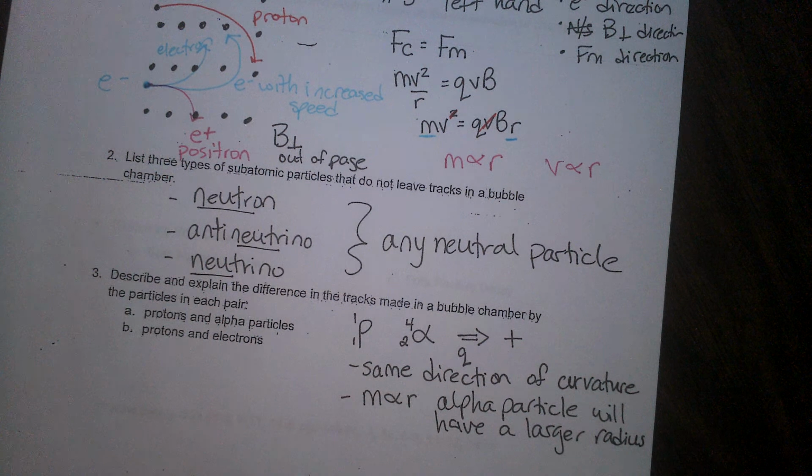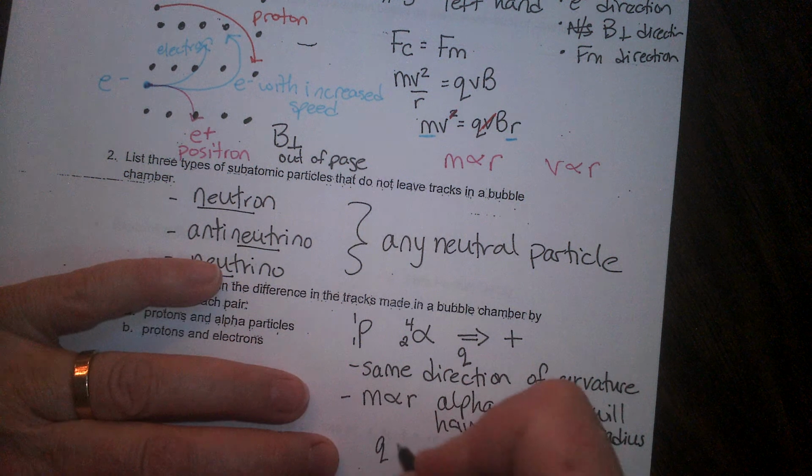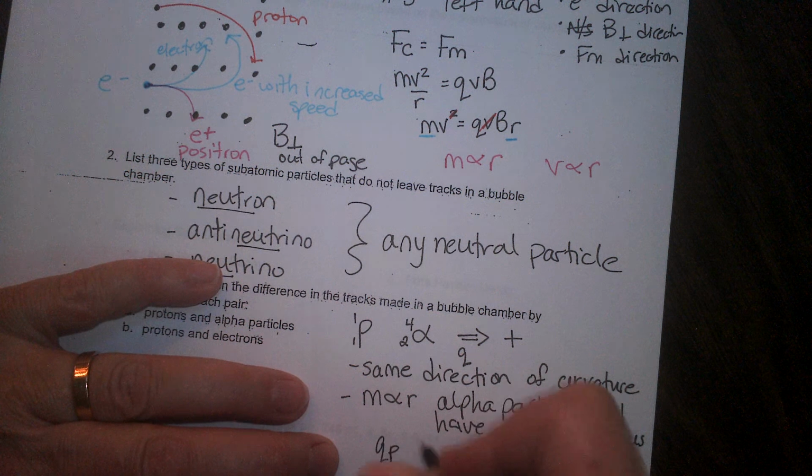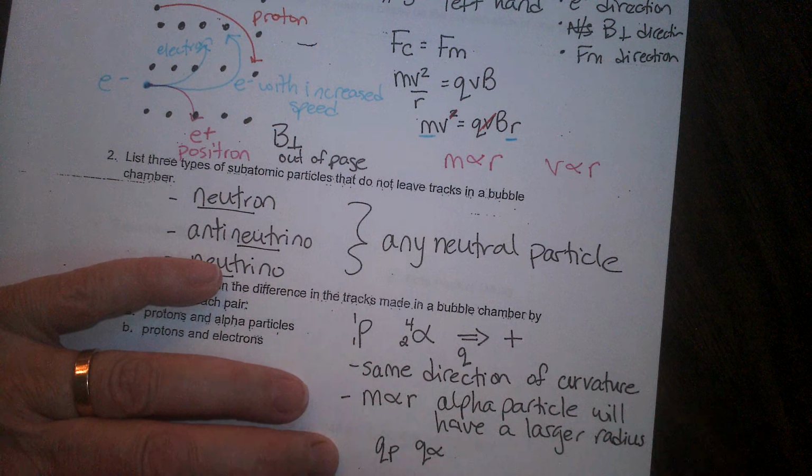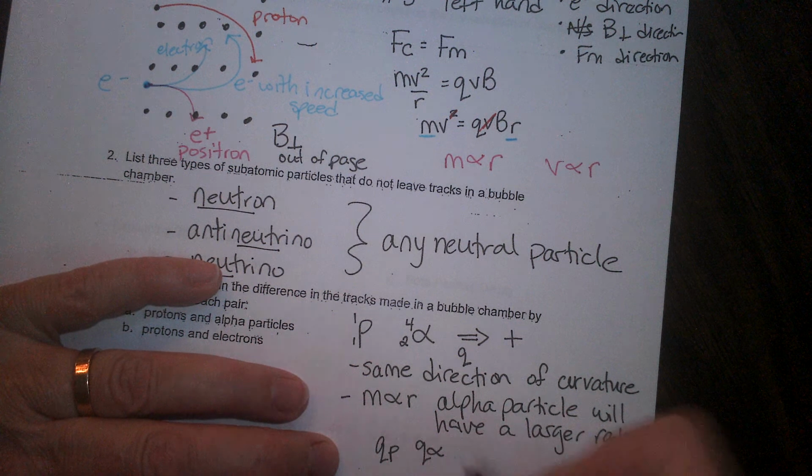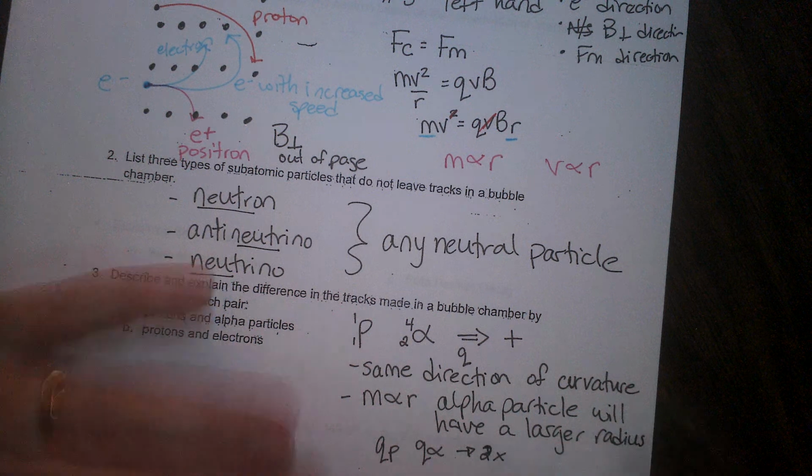Okay? So the charge is 2 times larger, right? The charge on a proton versus the charge on an alpha particle. This is 1.6 and this is 3.2. So the alpha particle is 2 times larger.